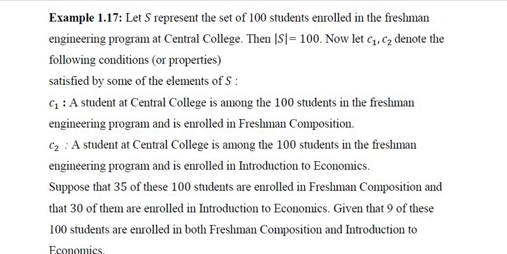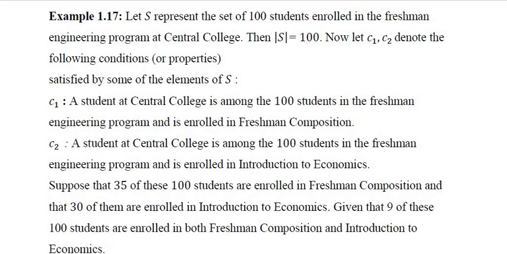Suppose that 35 of these 100 students are enrolled in freshman composition and 30 of them are enrolled in Introduction to Economics. Given that 9 of these 100 students are enrolled in both freshman composition and Introduction to Economics.